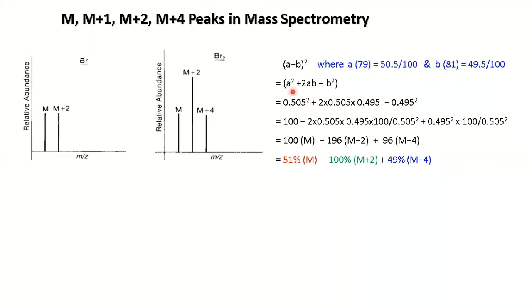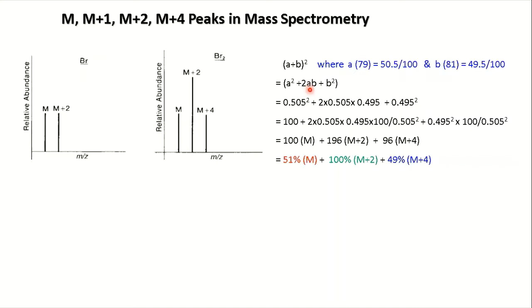Now look at A, it is purely from 79. So A square is going to give you the M peak. Look at 2AB. A here is 79, B here is 81, so this 2AB is going to give you the M plus 2. You understand?